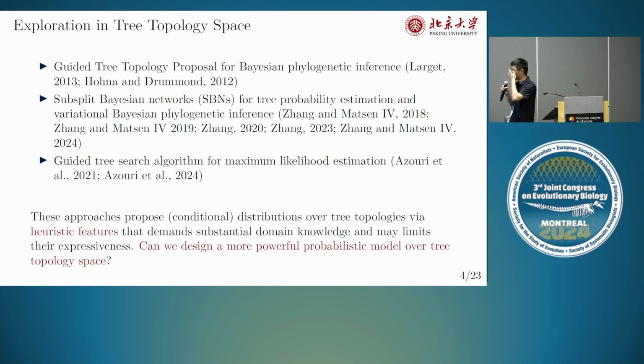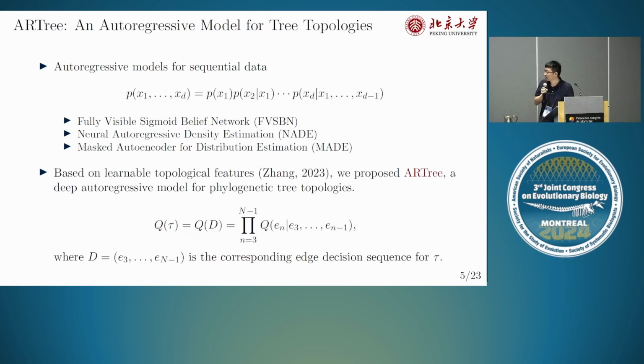And later on, we extended it into the so-called subsplit Bayesian networks for probability estimation tasks, and also for variational Bayesian phylogenetic inference. You can take a look at those papers if you're interested. And then there are recently machine learning-based algorithms or ideas for designing guided tree search algorithms for maximum likelihood estimation. That is pioneered by Azouri.